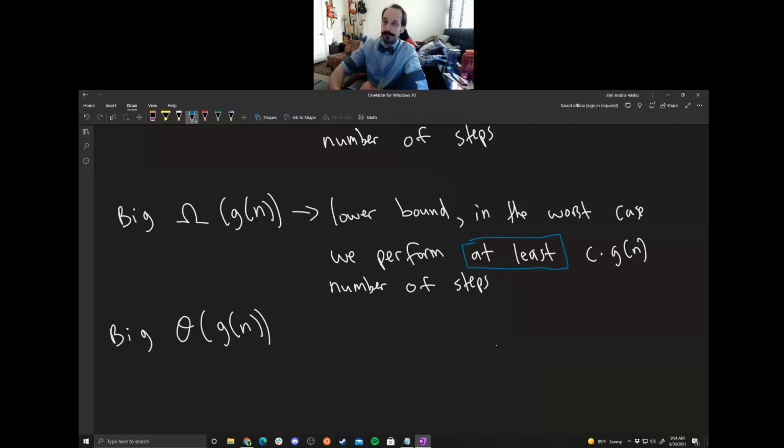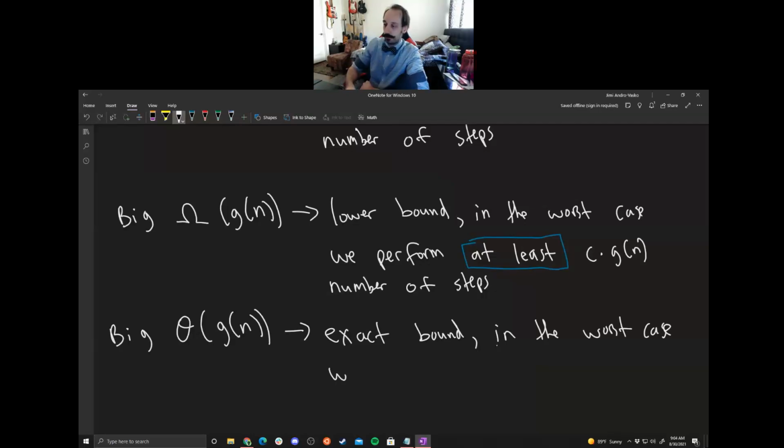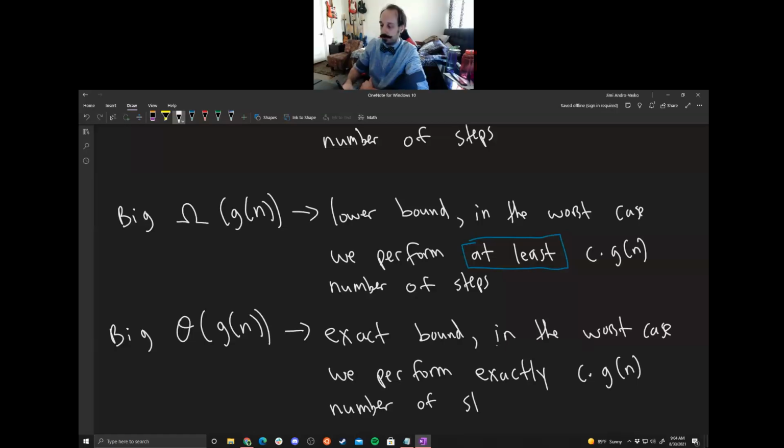And then theta is going to be an exact bound, which means that in the worst case, we perform, I guess, exactly C times g of n number of steps.